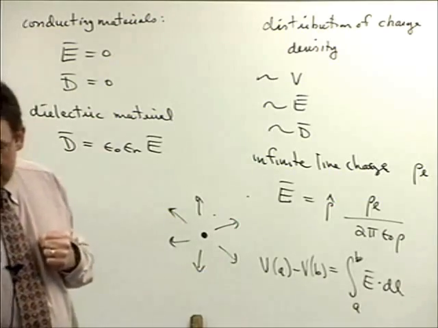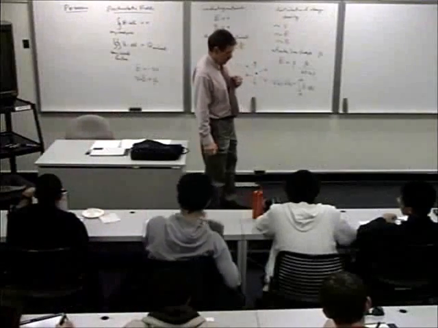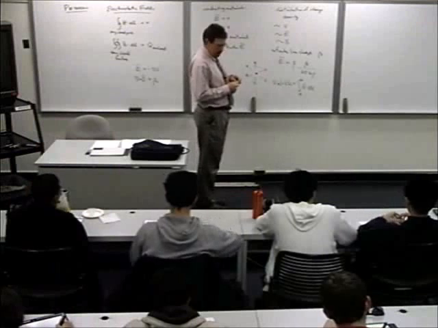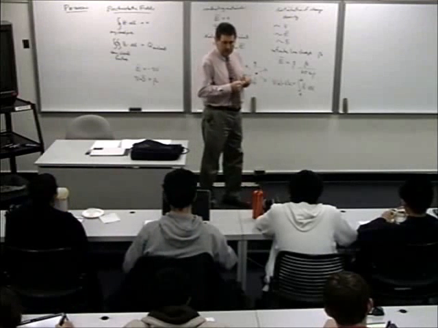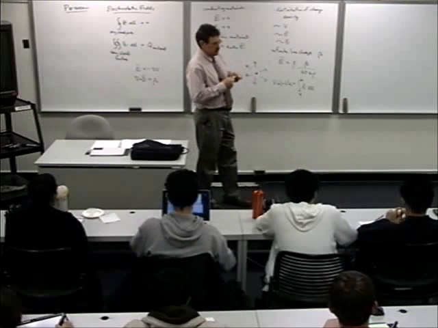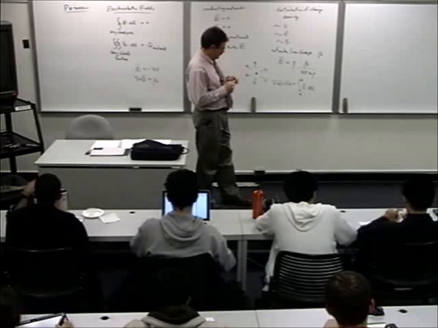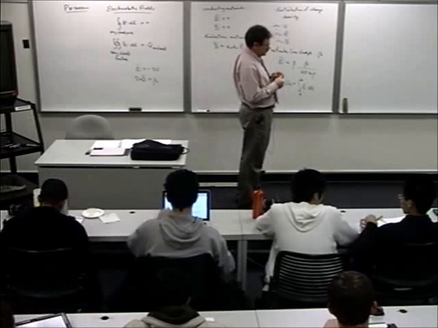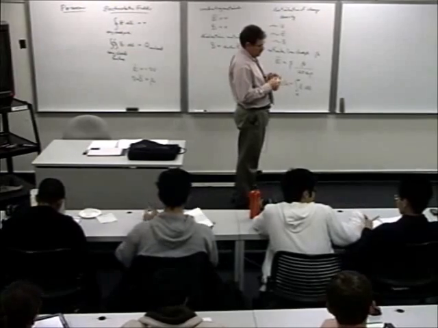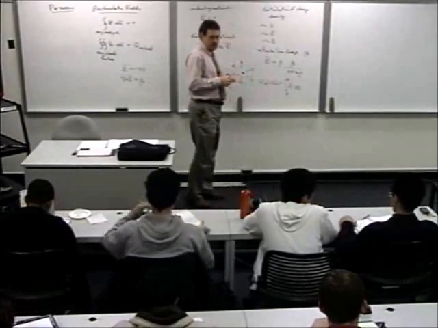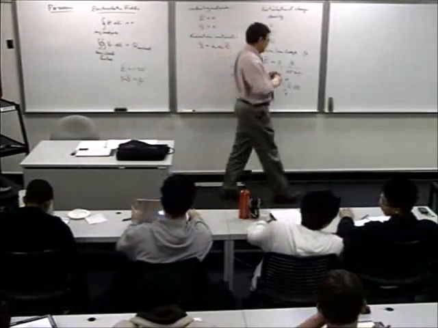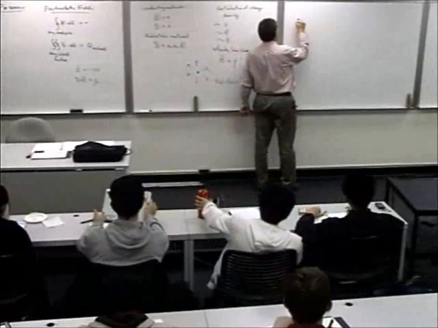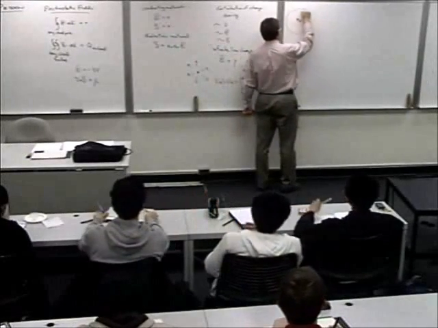Like, if I had a point charge inside of a sphere, okay, a conductor sphere, and I wanted to know the potential of a point outside of that sphere. Okay. So you've got a point charge, Q, say, centered inside a sphere.